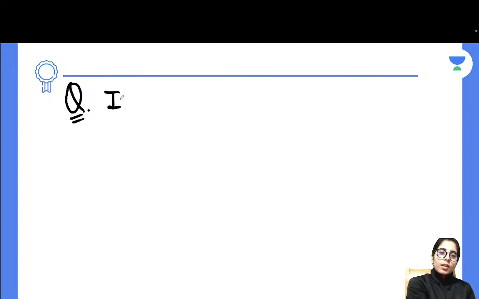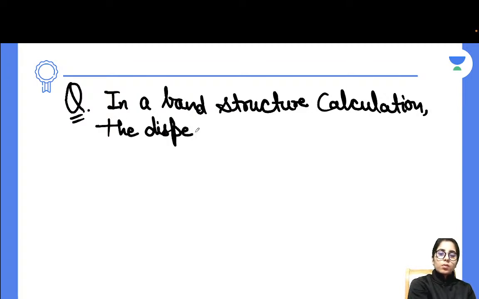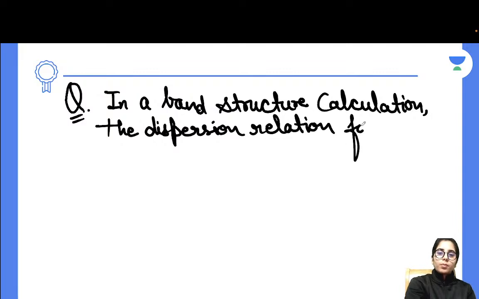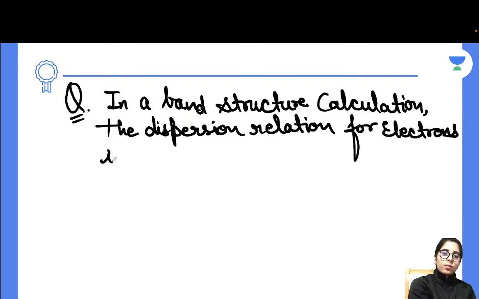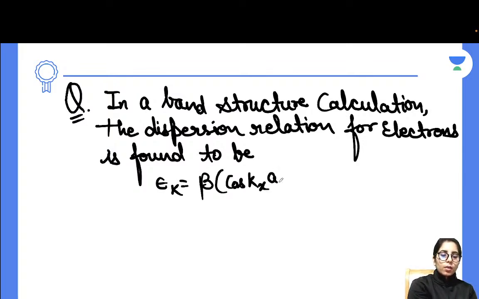So the first question is, in a band structure calculation, the dispersion relation for electrons is found to be, that is epsilon k is equal to beta (cos kxa plus cos kya plus cos kza).